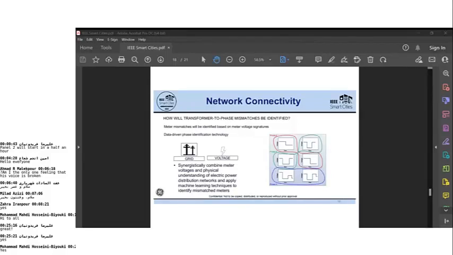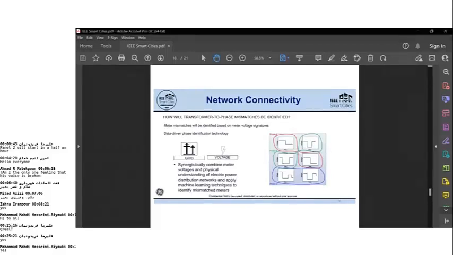So it clusters them together, saying that these meters should be on the same phase, and assigns a phase for that. And this has been done through machine learning algorithms to identify the new labels.